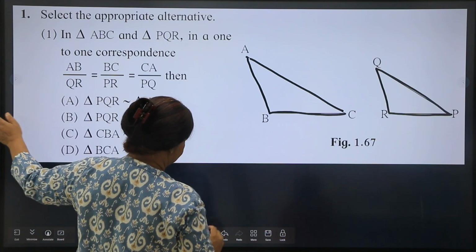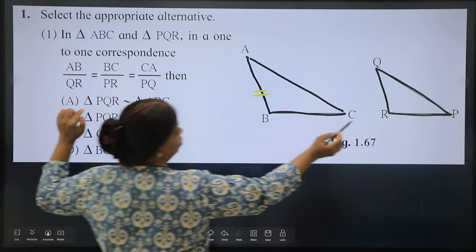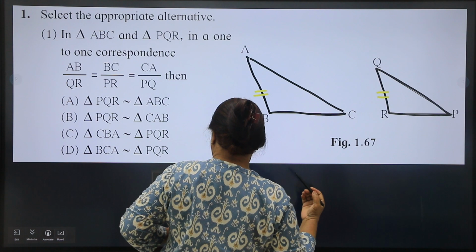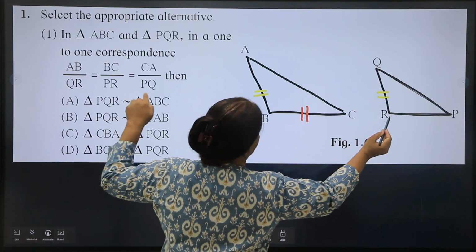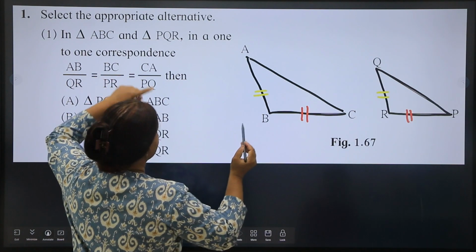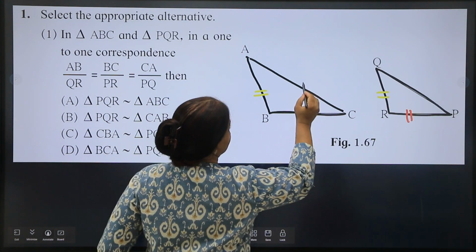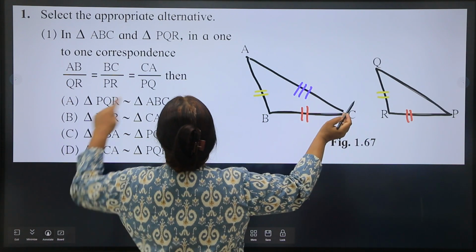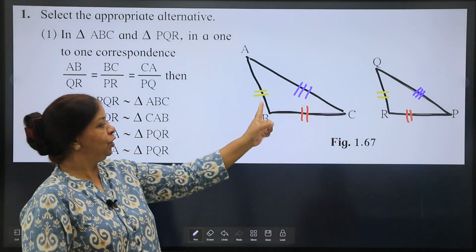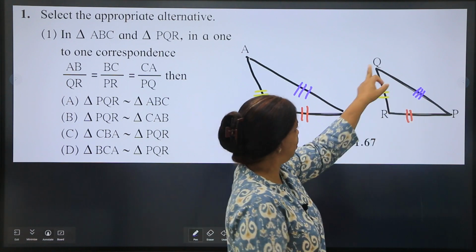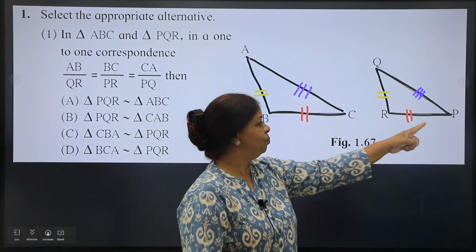AB corresponds to QR, BC corresponds to PR, and CA corresponds to PQ. You can see the colors clearly, children, what is corresponding to what.